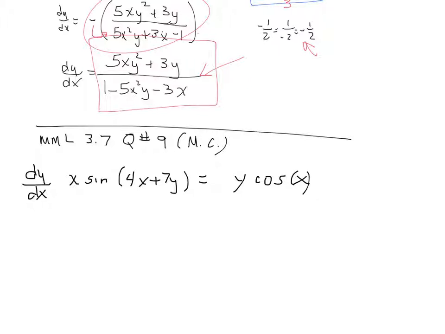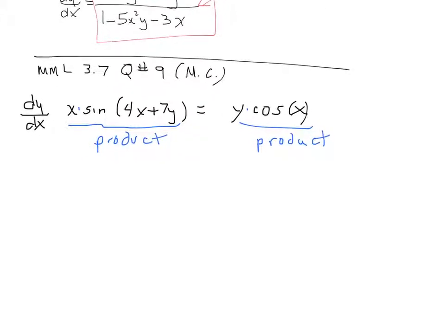So first thing I see is a product rule. I see a product there, and I see a product there. I also notice inside here, I'm going to see a chain rule. And I just look at that to remind me as I'm doing the problem, please don't forget to do that, okay?